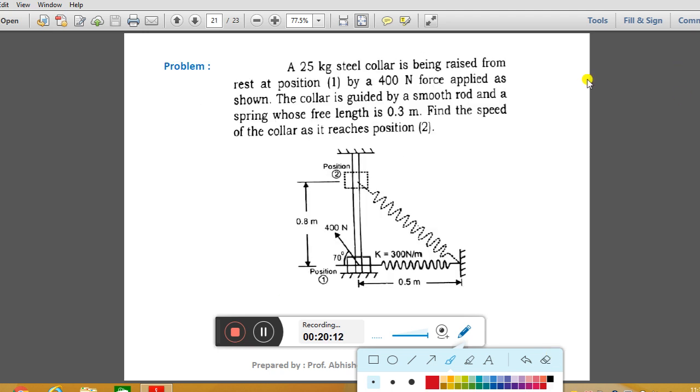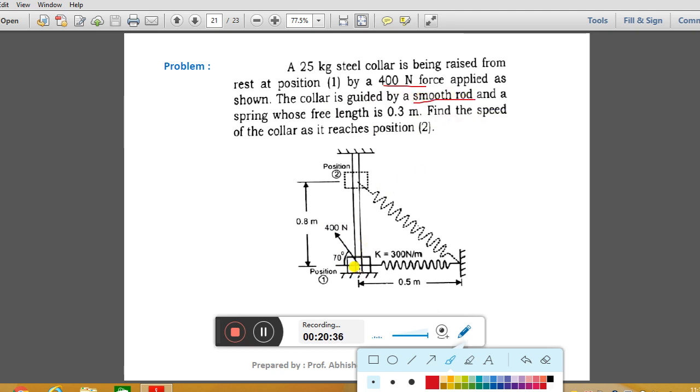This collar is being raised from rest at position 1 by a 400 Newton force applied as shown. This 400 Newton force is applied at 70 degrees.